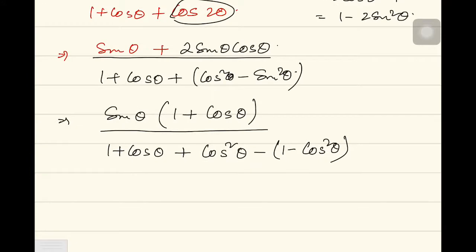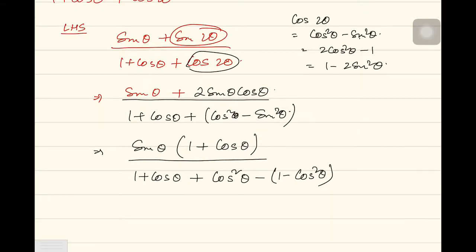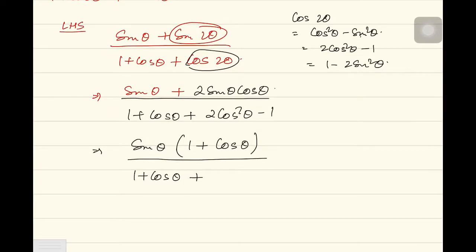Correct? Okay, you may say, sir, instead of doing this, why can't we directly use 2 cos square theta minus 1 here? That would be correct, absolutely. Actually, if you do that, this will be perfect, because using the appropriate formula will make the sum easier.